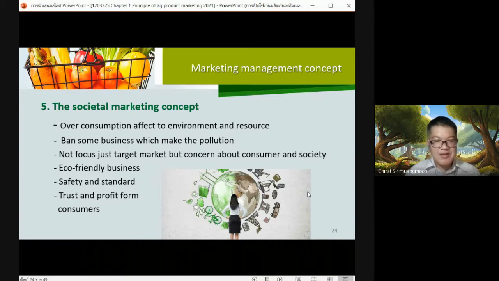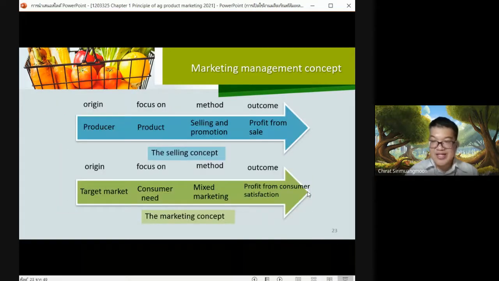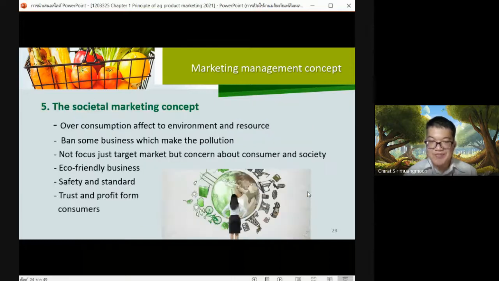So they avoid or ban some businesses that cause pollution, because consumer trends right now are friendly to the environment. In other words, they are concerned about the environment, not focused just on the target market but concerned about the consumer and society. So it's different from the marketing concept, which is focused on the target market, but the societal marketing concept is concerned about the consumer and society at the same time.